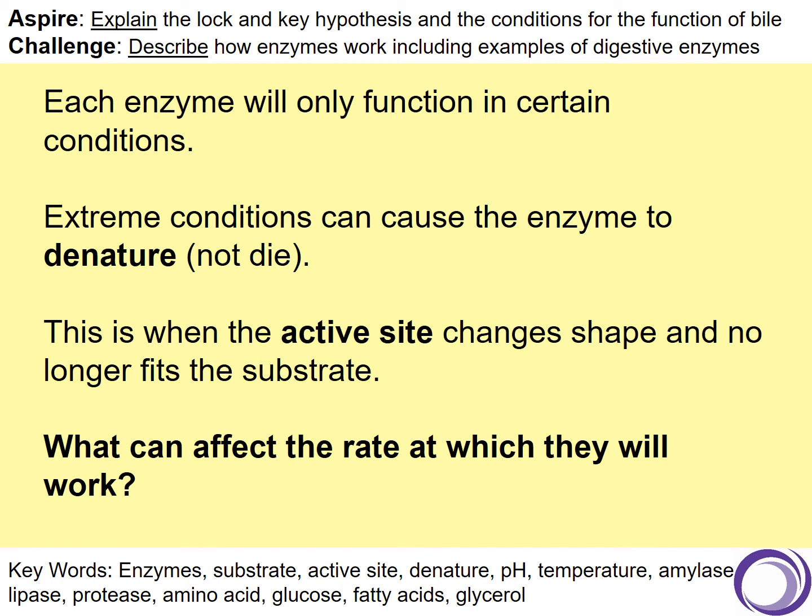So denaturing is when the active site changes shape, and once the active site changes shape, that molecule that it's going to break down can't fit in there, and the enzyme is now absolutely useless to us. So denaturing is just when the active site changes shape. Once the active site changes shape, then the substrate can't break down, and now the enzyme's pointless to us.